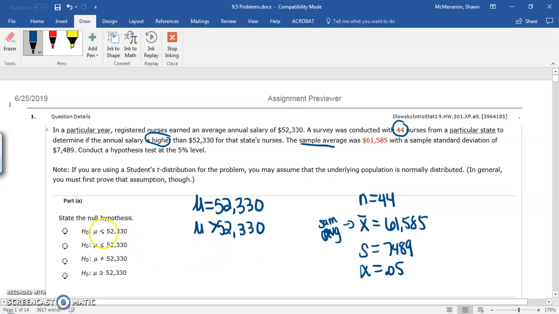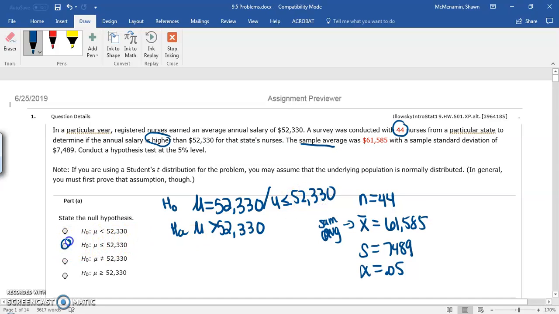So your null is, the equals is not showing, so this is your alternative, HA, and this is your null. The opposing view to greater than, so higher corresponds to greater than, the opposing view for greater than is less than or equal to 52,330.